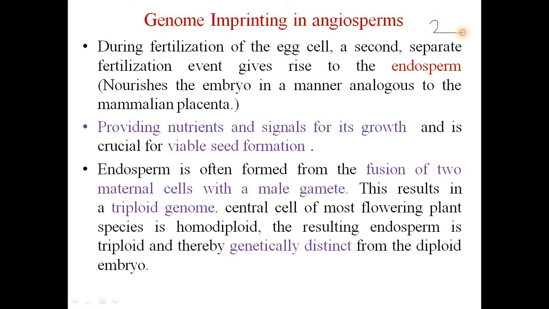One male gamete fuses with the egg cell, which gives rise to the embryo, and another one fuses with the diploid nucleus, a second separate fertilization event that gives rise to the endosperm, and this nourishes the embryo.